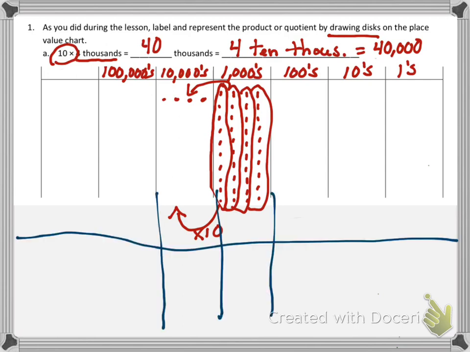So basically what I want you to see is if you have 4 in the thousands place and we're multiplying it by 10, the 4 then goes into the 10,000s place. So it started off as 4 in the thousands, and when we multiply it by 10, it ends up being 4 in the 10,000s place.